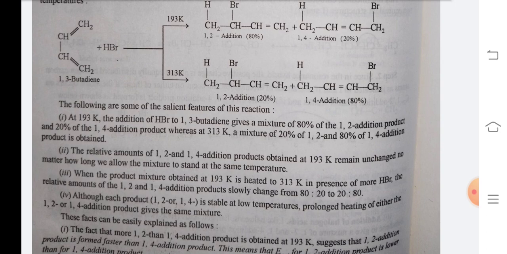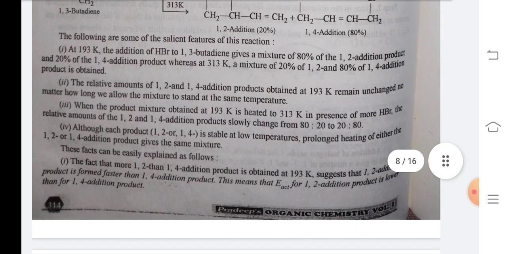The relative amounts of 1,2 and 1,4 addition products obtained at 193 Kelvin remain unchanged no matter how long we allow the mixture to stand at the same temperature. When the product mixture obtained at 193 Kelvin is heated to 313 Kelvin in the presence of more HBr, the relative amounts of the 1,2 and 1,4 addition products slowly change from 80:20 to 20:80.